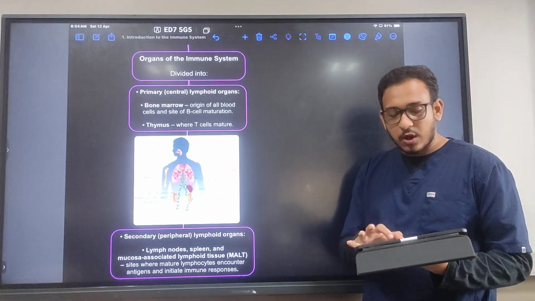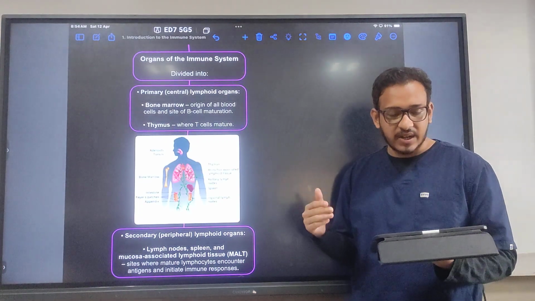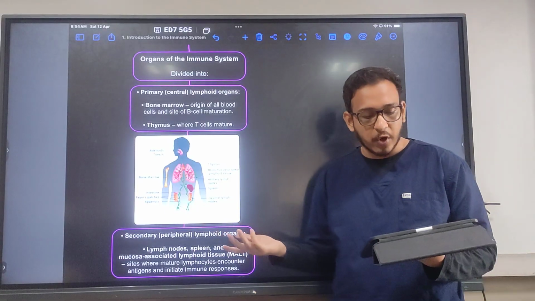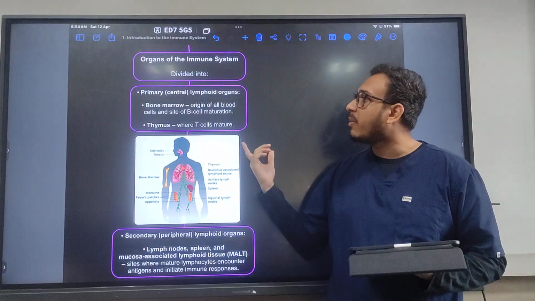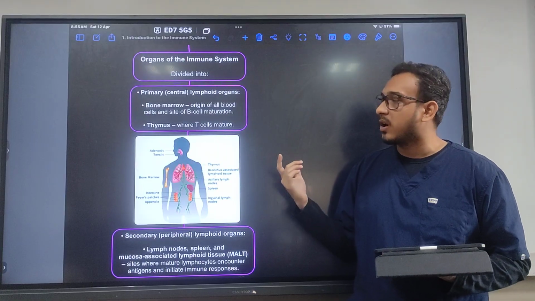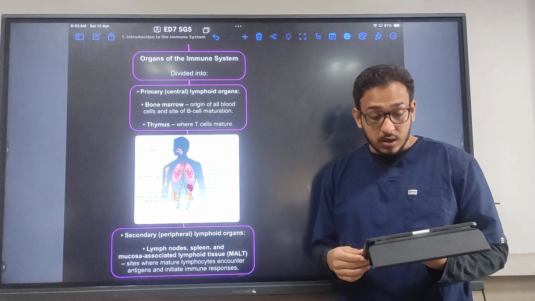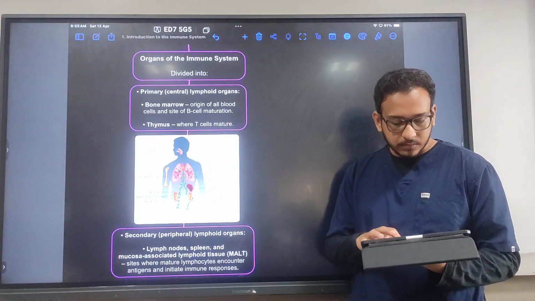Now, what are all the organs of the immune system? They can be divided into primary and secondary. Primary are the central organs, the primary lymphoid organs, and these include bone marrow and thymus, where bone marrow produces all the blood cells, and the thymus is where T cells mature.